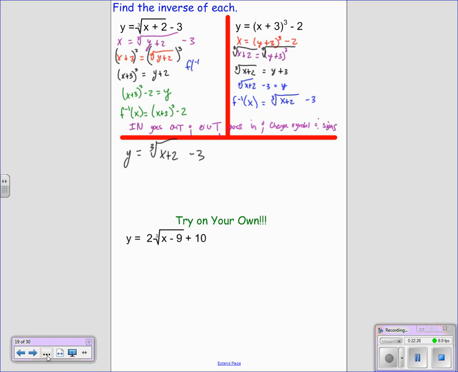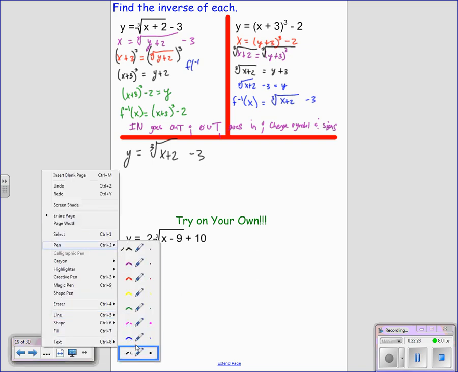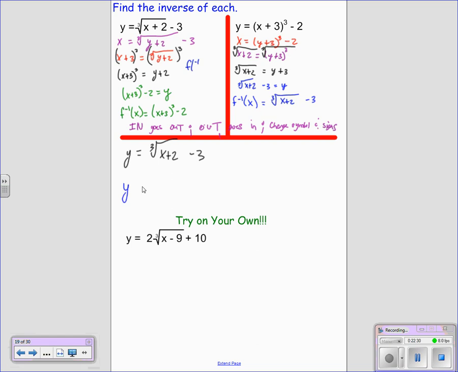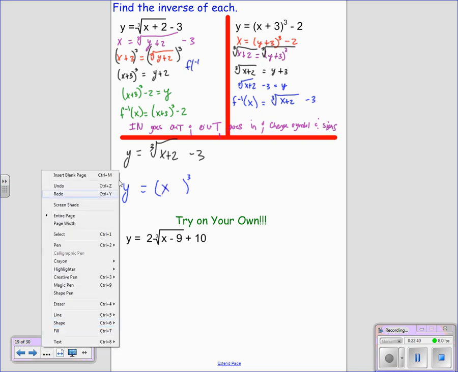According to the pattern, it would be y equals parentheses with a power of 3. And we know we have x in there, right? So if it starts with a root, it's going to finish with parentheses and a power. If it starts with parentheses and a power, it'll finish with a root.